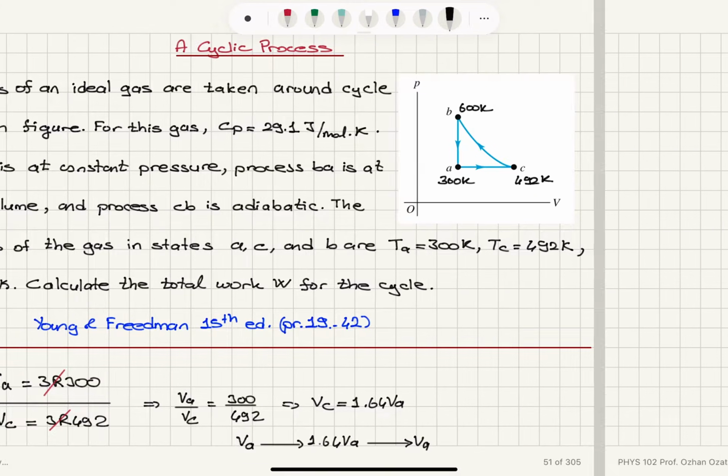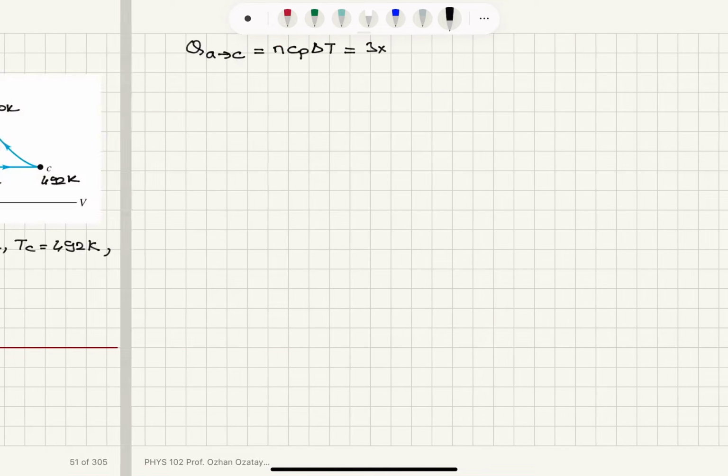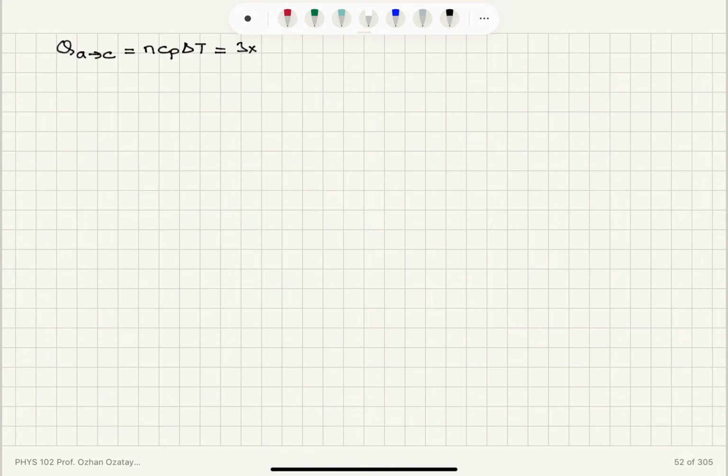Now, in order to calculate the work done for this cycle, let me first think about the heat added. The heat added between point A and point C, which is a constant pressure process, is nCP delta T. The number of moles is 3, and the CP value is given for this gas, 29.1 joules per mole Kelvin.